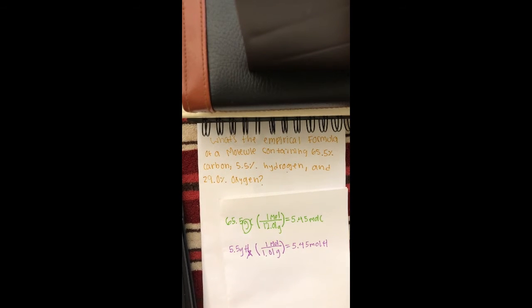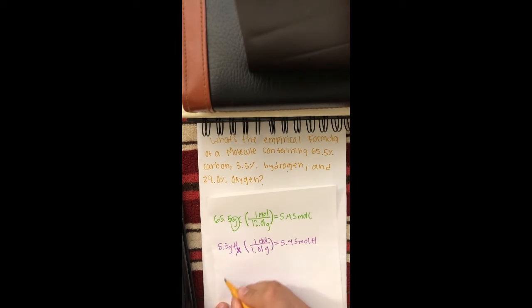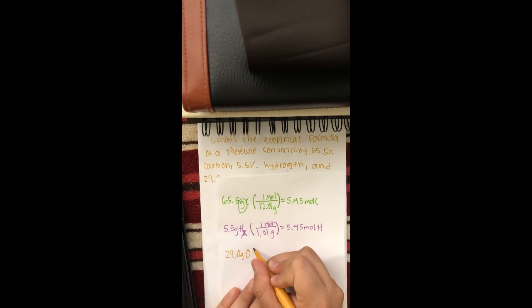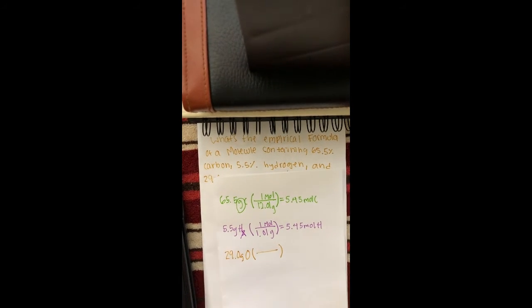And then we have oxygen. So it'll be 29.0 grams of O. And oxygen is one of the diatomic elements as well. But don't put the 2 in the bottom because it does not apply to this, as I said before.